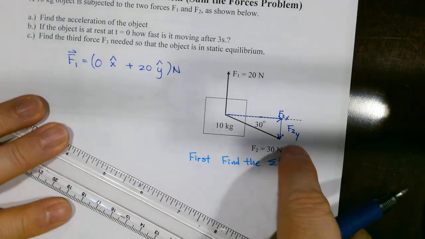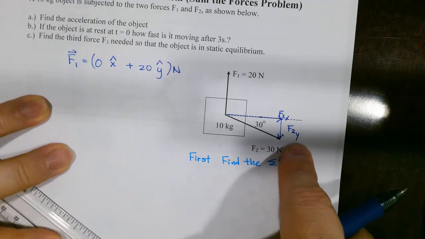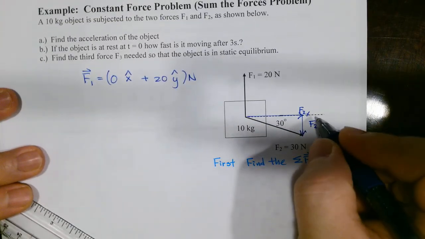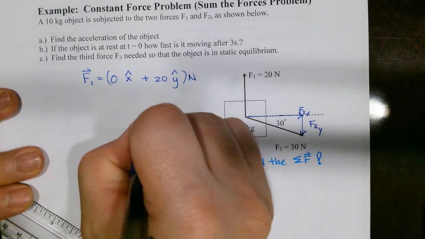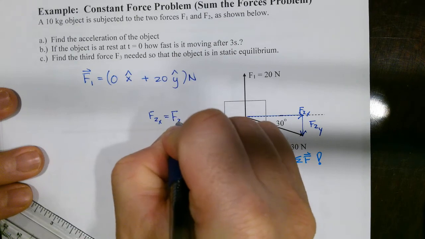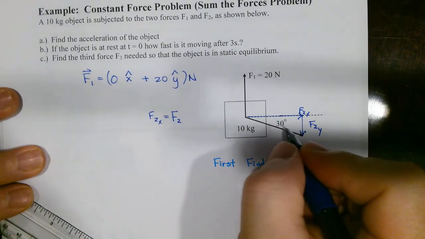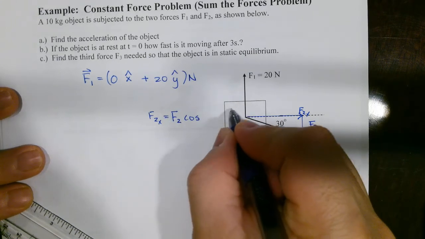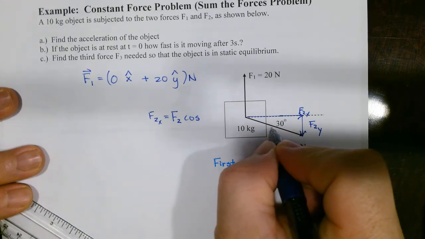So how do I calculate f2x and f2y? Well, f2x is equal to f2 times cosine of theta, really the proper angle, which is 330.